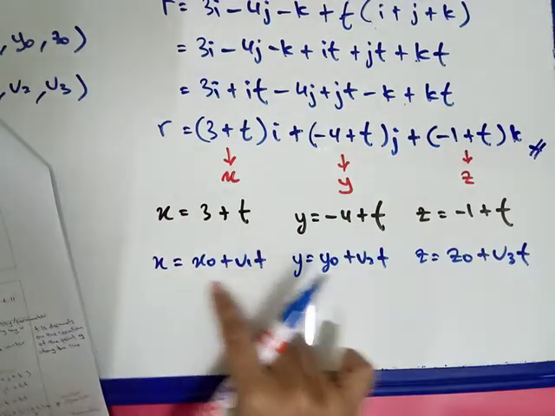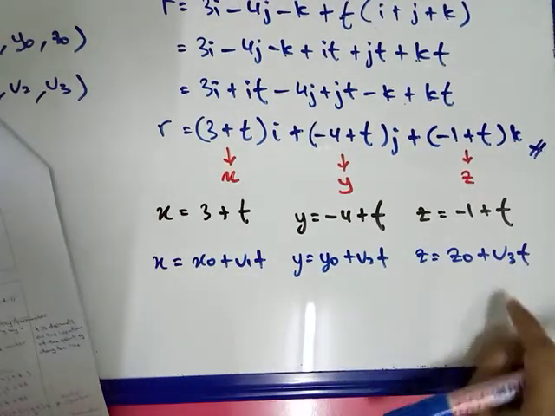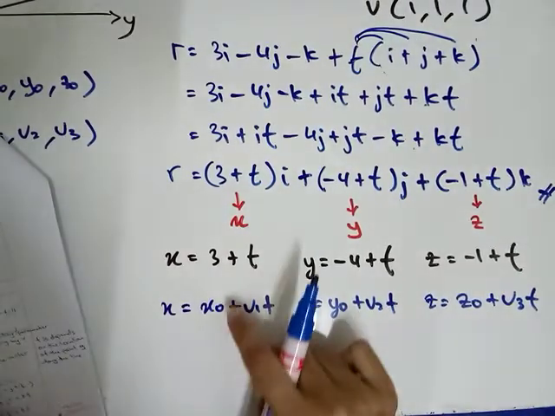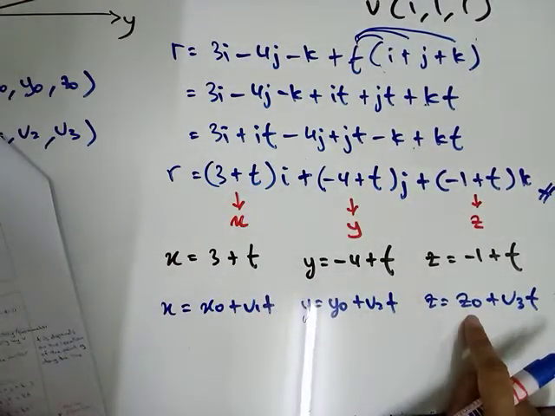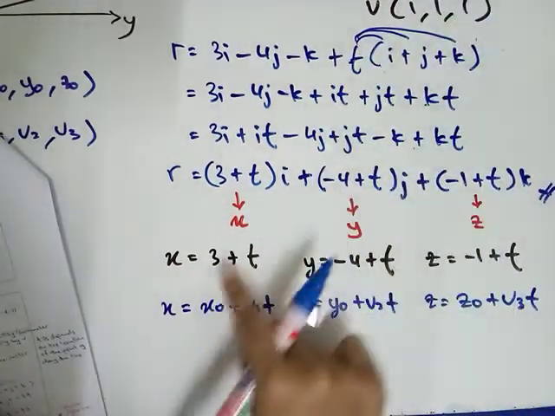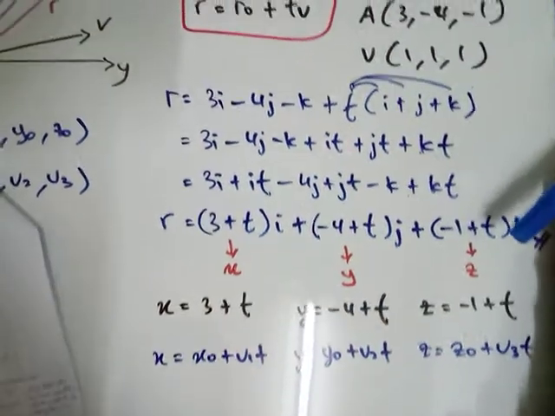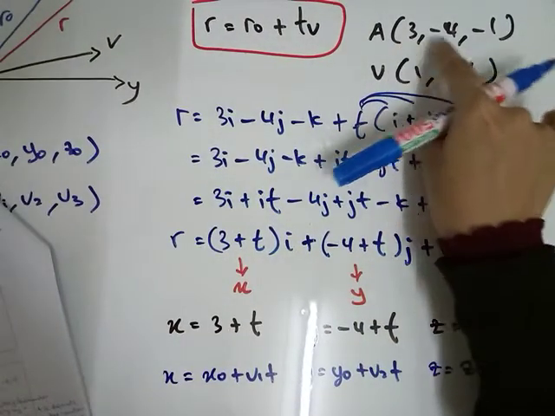Okay, this is the general form for parametric equation. Therefore, x naught, y naught, z naught ni adalah from point A dia. So, from point A dia ni 3, -4, -1.